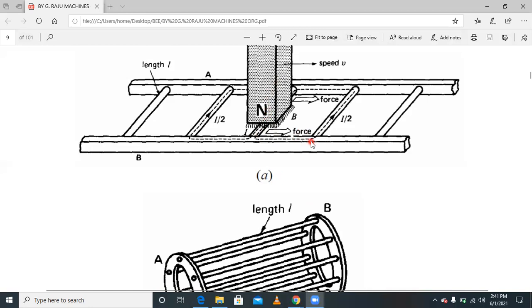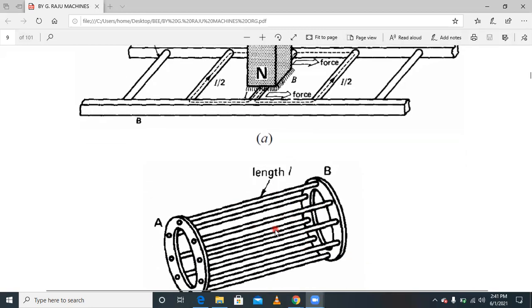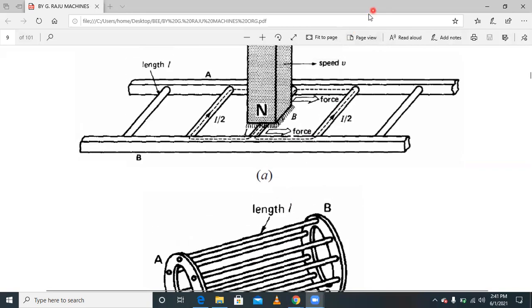That's why the induction motor does not work at synchronous speed. The rotor speed is always less than the synchronous speed. This is the principle of operation of the induction machine.